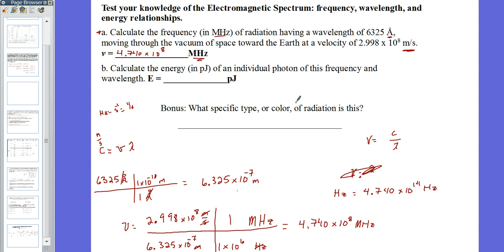And then we'll keep this number that we got on our calculator before we divide it by 10 to the 6th. We'll keep that for the calculation that we'll use in the next problem when we solve for energy for that.